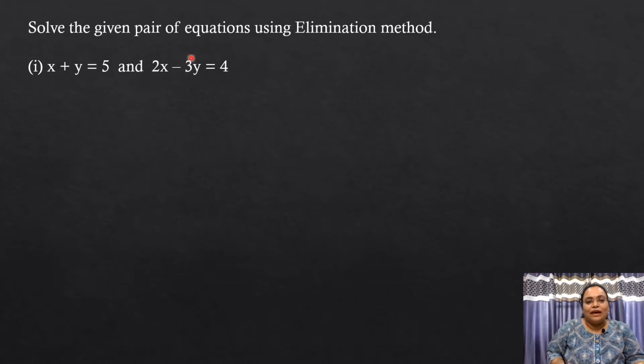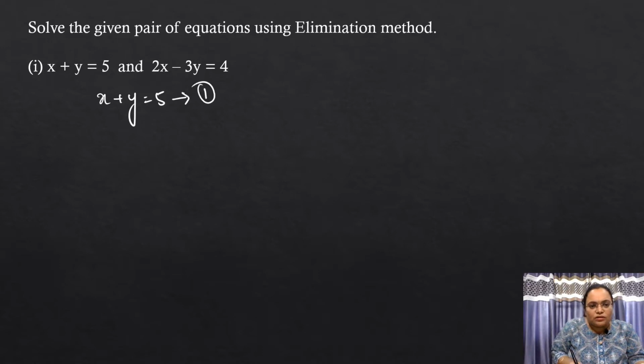Solve the given pair of linear equations using the elimination method. x plus y is equal to 5 and 2x minus 3y is equal to 4. So x plus y is equal to 5 is your first equation and 2x minus 3y is equal to 4 is your second equation.